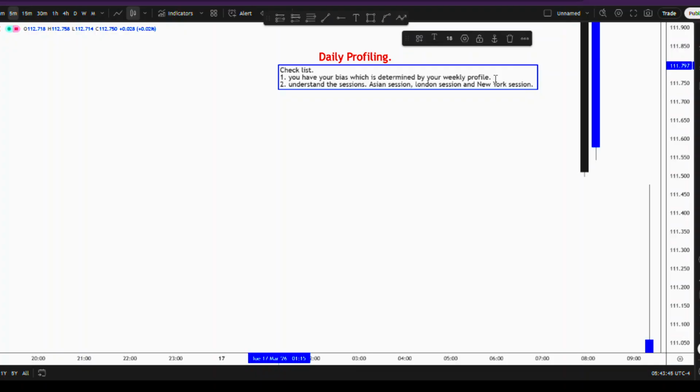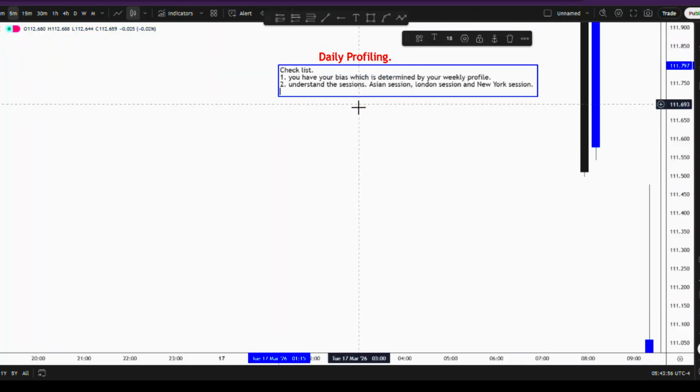You have to understand this, and at what time each session begins. After that, with these three, you're able to frame your daily profile.